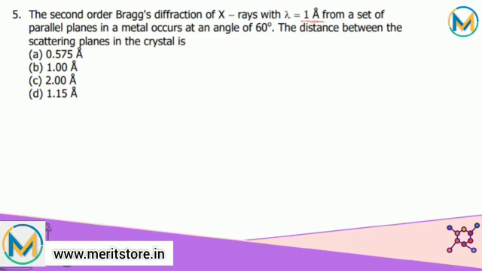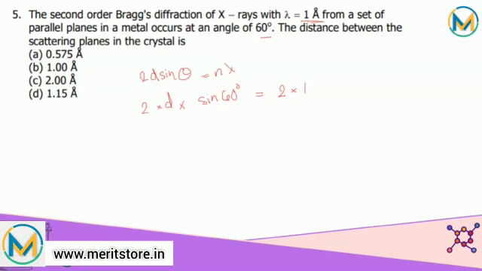So we know that the Bragg's diffraction law is given as 2d sine theta equals n lambda. I can put the values like 2 into d, which is what you're supposed to find out, sine 60, which is given, equal to n, that is 2, second order, and lambda is given as 1 angstrom, so it is 1.